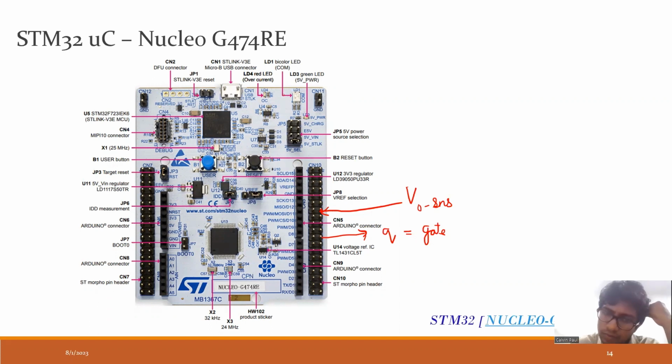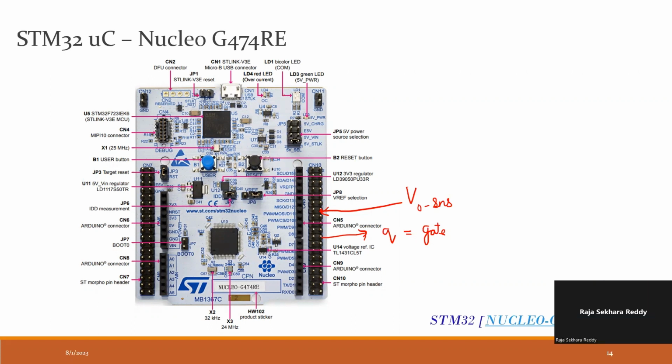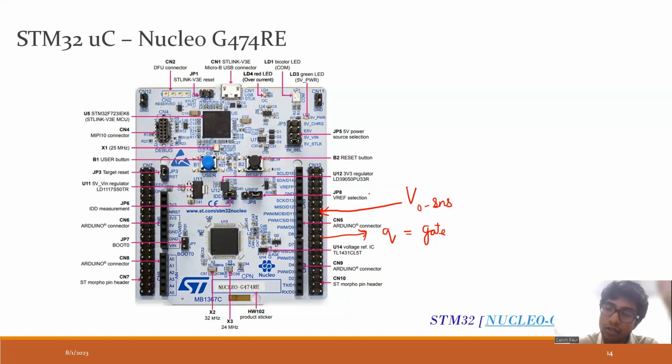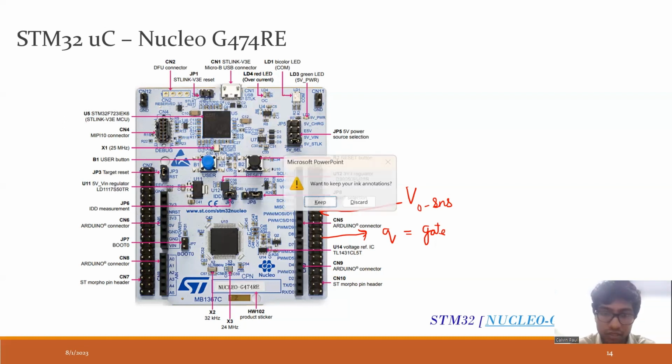Sir, can't we implement the A2D or D2A using code in the FPGA itself? No, see, the ADC is an analog to digital converter, so it handles an analog signal. The FPGA can only handle digital signals. It cannot handle an analog signal. So when we are running it, we have an external ADC.